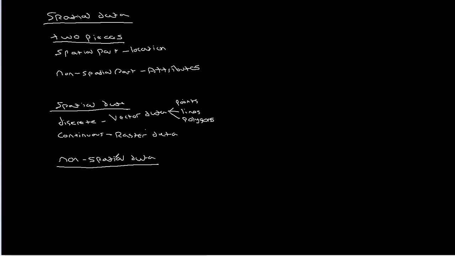We're going to talk about this concept of an attribute table, which is really the way that vector data, primarily vector data, stores non-spatial data.